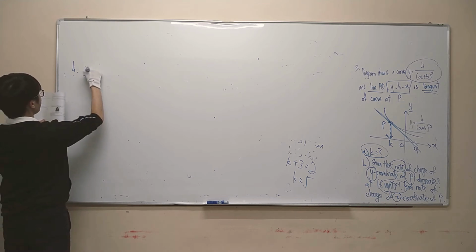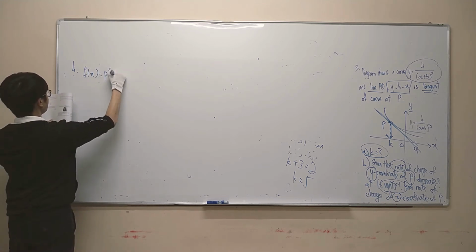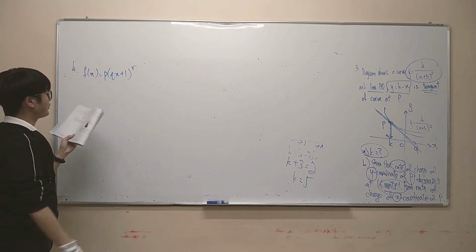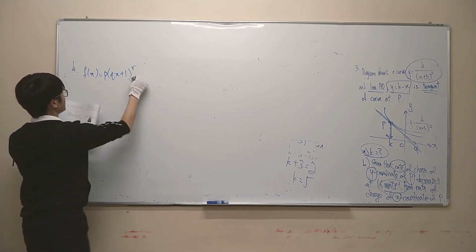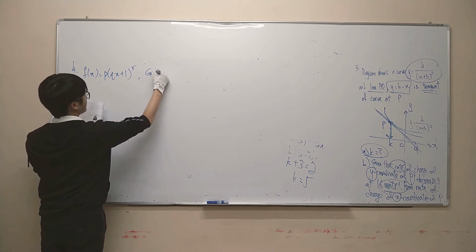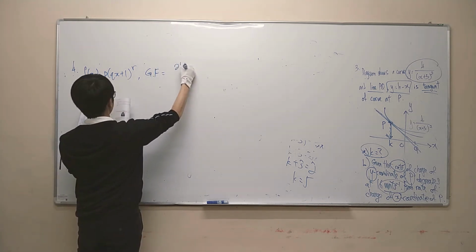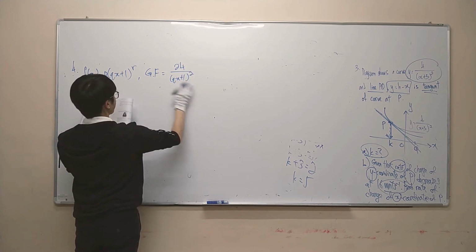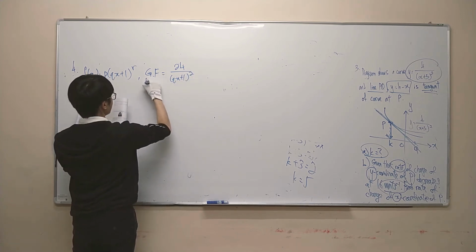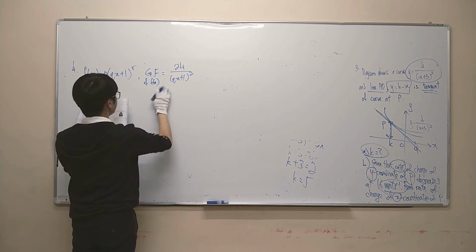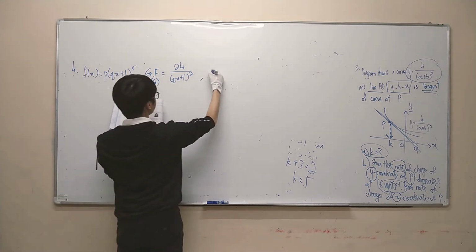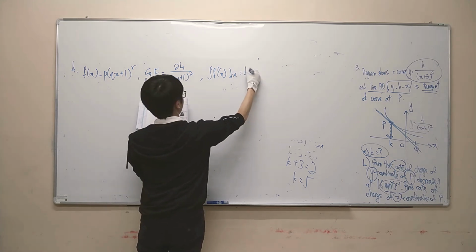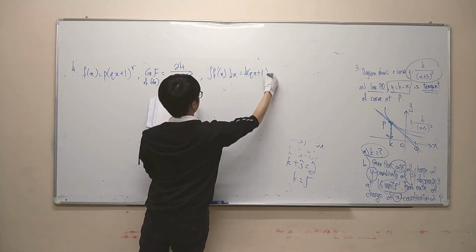Given that the function f(x) equals p(qx plus 1) power r, the gradient function of f(x) is 24 over (qx plus 1) power 2, and then the integral of f prime x dx equals 4(qx plus 1) power r.